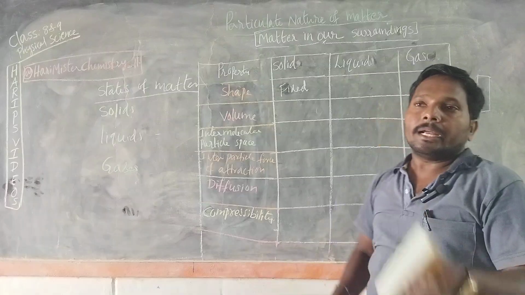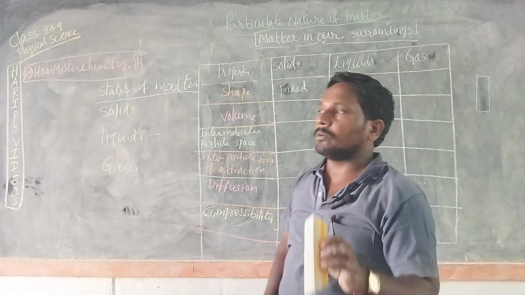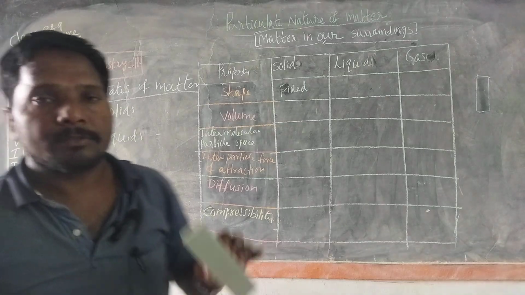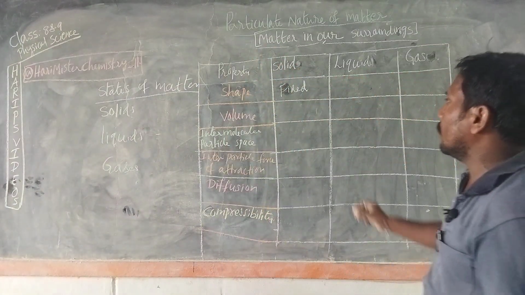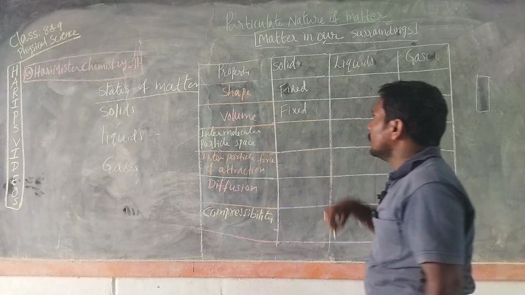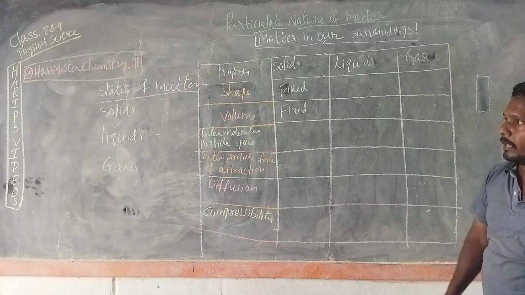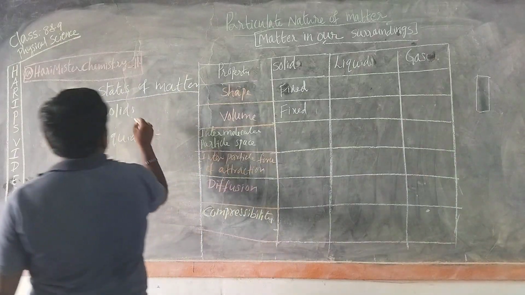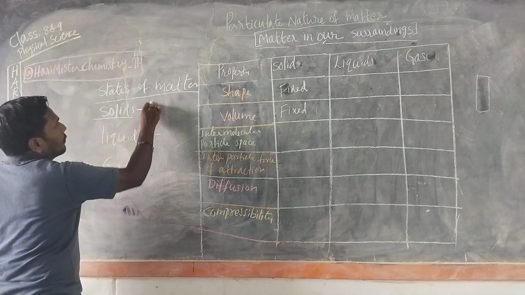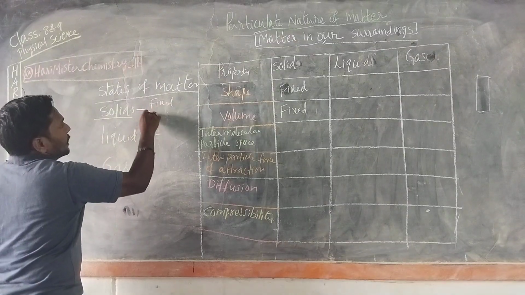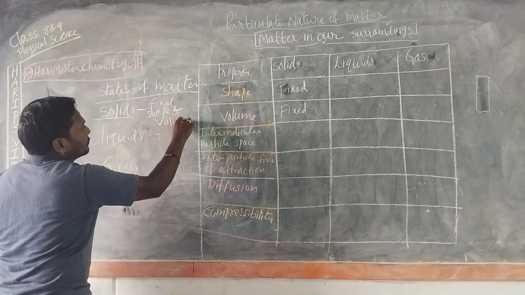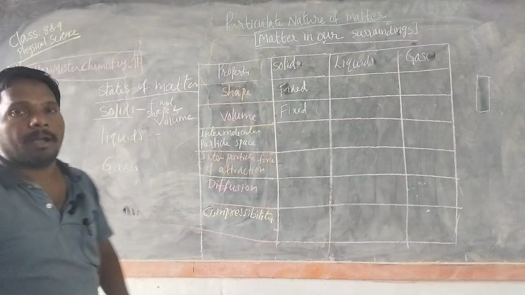Everywhere it occupies the same amount of space. So solids have a fixed volume. Finally we can say that solids are the kind of matter which have fixed shape and volume.